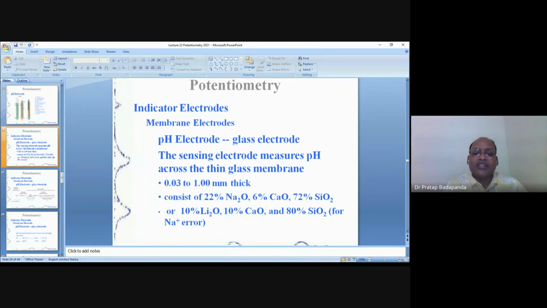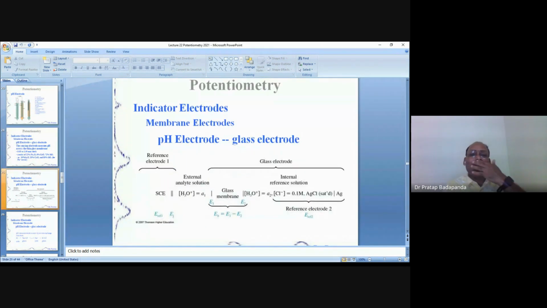The glass consists of 20% Na2O, 6% calcium oxide and 72% silicate SiO2, or 10% lithium oxide, 10% calcium oxide and 80% SiO2 for the Na+ error. So these things are used in this membrane electrode, the pH glass electrode.